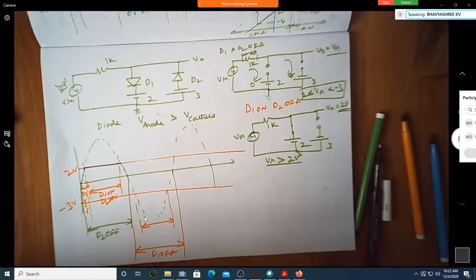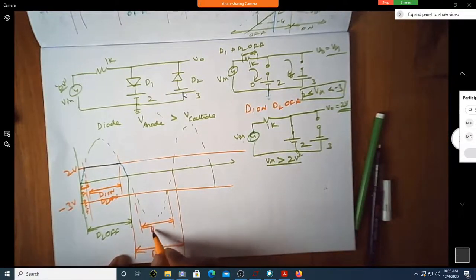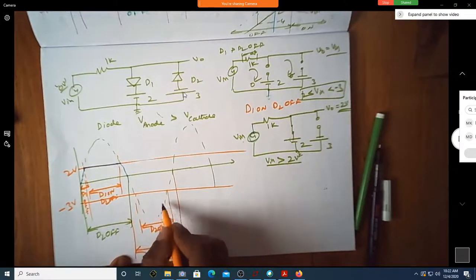So for the entire negative half cycle, D1 is off. Again, when does D2 turn on? D2 can turn on only when the input voltage is more negative compared to minus 3 volts. So it is only over here, during this region, D2 is on. So I will write D2 on here. This is the voltage at which D2 is on.